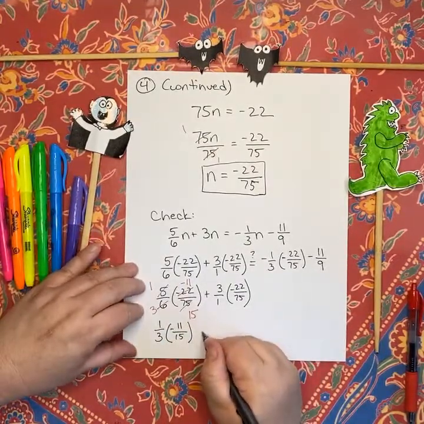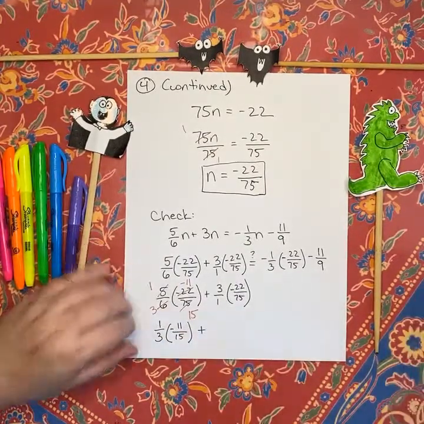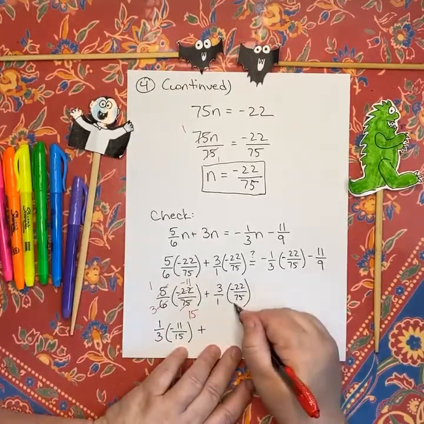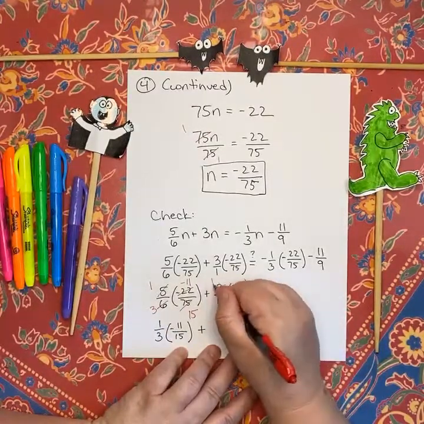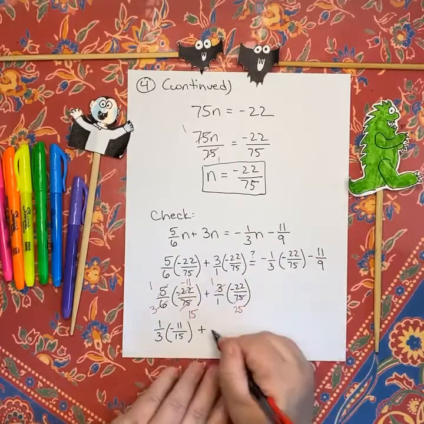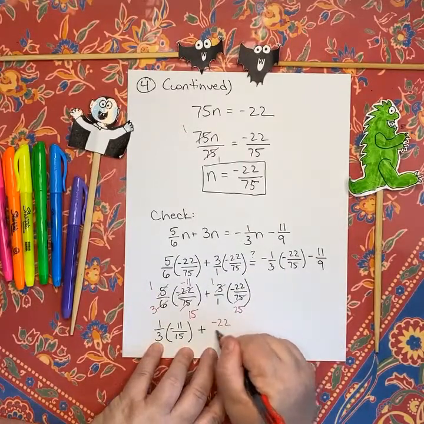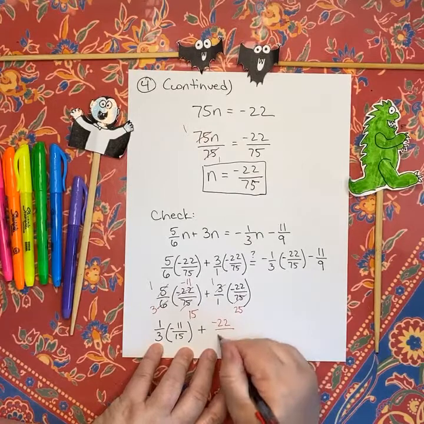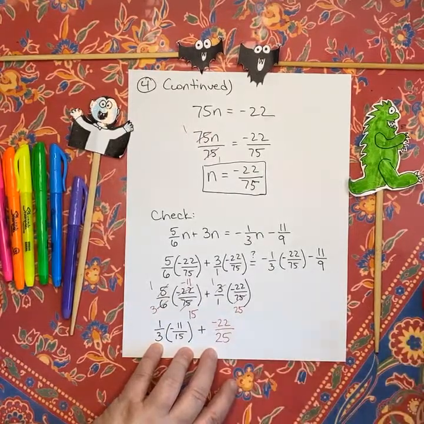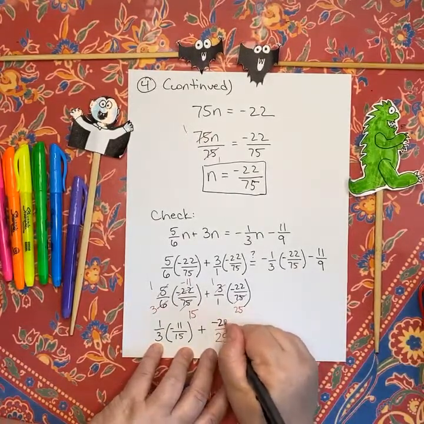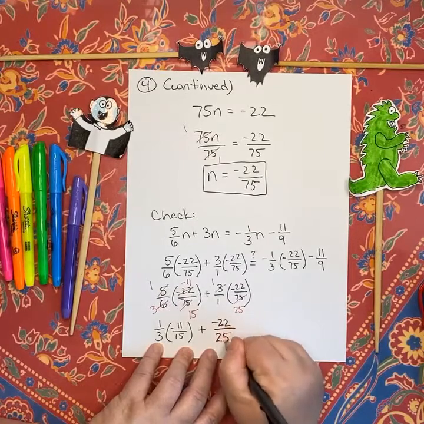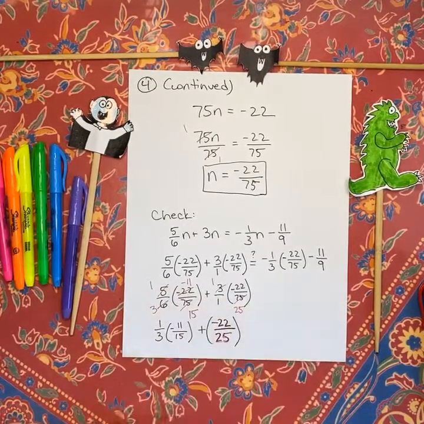And then plus, and it turns out 75 and 3 do reduce. This becomes 25, so this becomes negative 22 over, oh, I did it in red. Oh, that's funny. 25. Negative 22 all over 25.